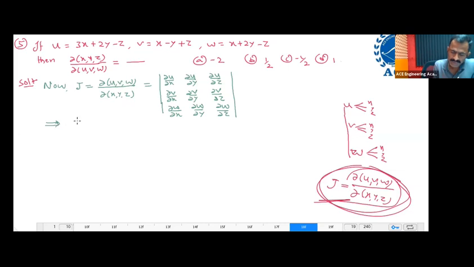Which implies j equal to u with respect to x is 3, with respect to y is 2, with respect to z is -1. Next v with respect to x is 1, with respect to y is -1, with respect to z is 1. Next w with respect to x is 1, w with respect to y is 2, w with respect to z is -1. And if we expand this determinant, we get the determinant value.